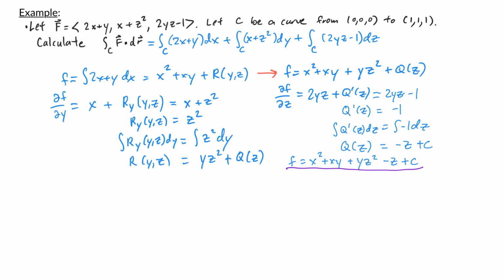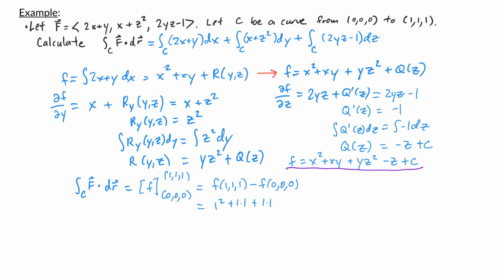Now that we have the potential function, we can evaluate the line integral of F dot dr using the fundamental theorem of line integrals. So this is the potential function f evaluated at the endpoints (0, 0, 0) and (1, 1, 1), which is f of (1, 1, 1) minus f of (0, 0, 0), which is 1 squared plus 1 times 1 plus 1 times 1 squared minus 1 plus c, minus 0 squared plus 0 times 0 plus 0 times 0 squared minus 0 plus c, which is just 2.